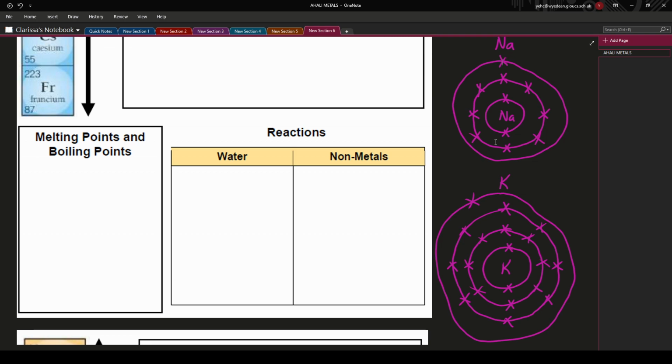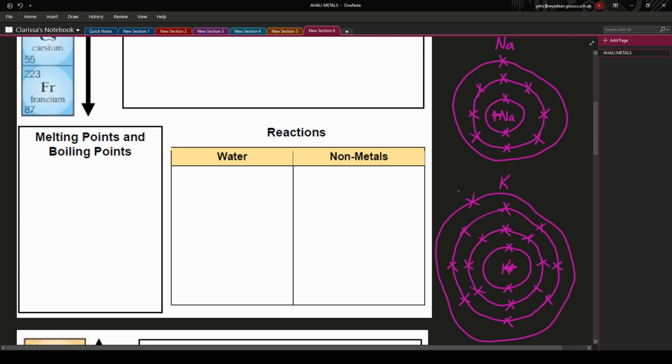So that makes it more reactive because remember the very center of the atom is a positive charge because there are protons there. So the center is positive charge for all of these atoms.